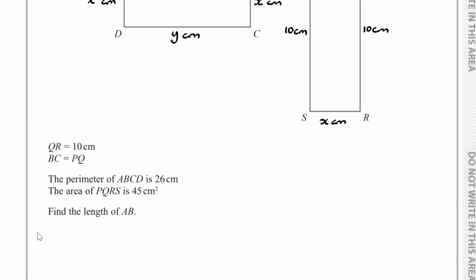And if we consider the rectangle PQRS, we know that the area is 45 centimeters squared, so we have 10 centimeters multiplied by X centimeters, which is 45. So we have 10X equal to 45, and therefore X is equal to 4.5.